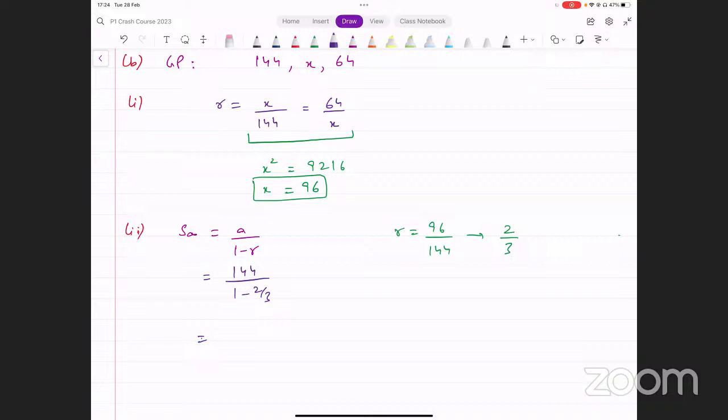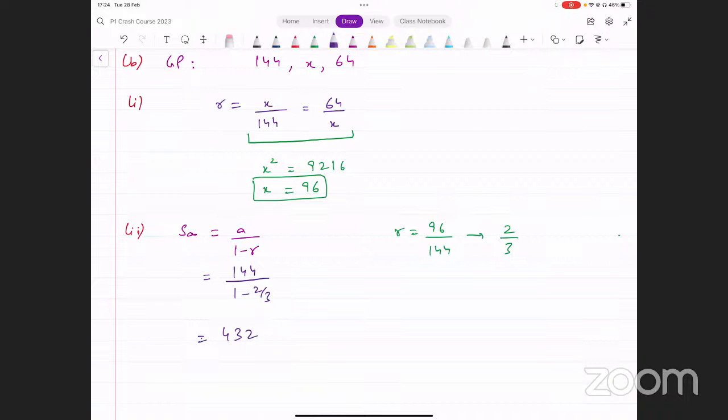144 divided by this is going to give us 432. This is the sum to infinity of this progression. That was the last. Okay, I hope that makes sense.